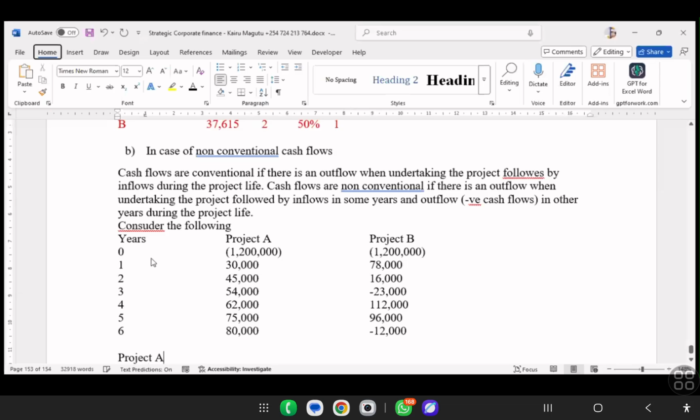So when you look at project A, we say that project A cash flows are conventional, while project B cash flows are non-conventional.